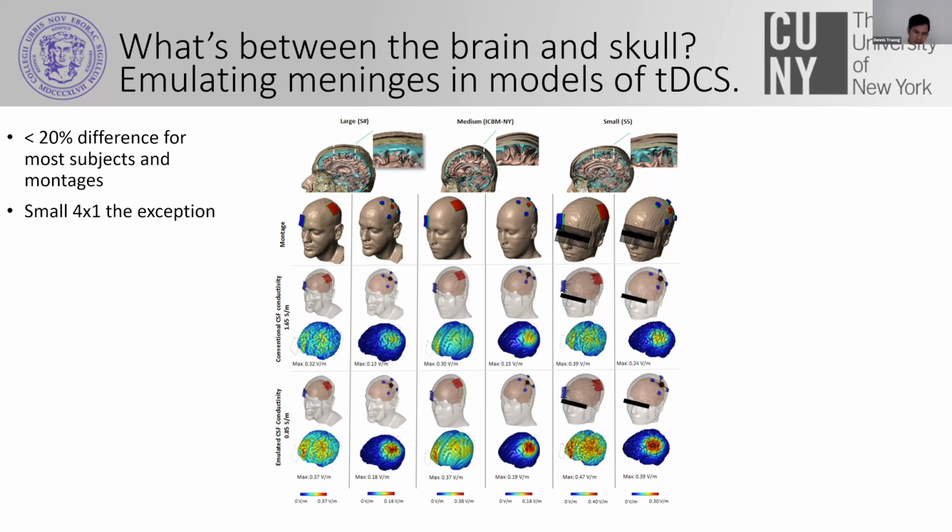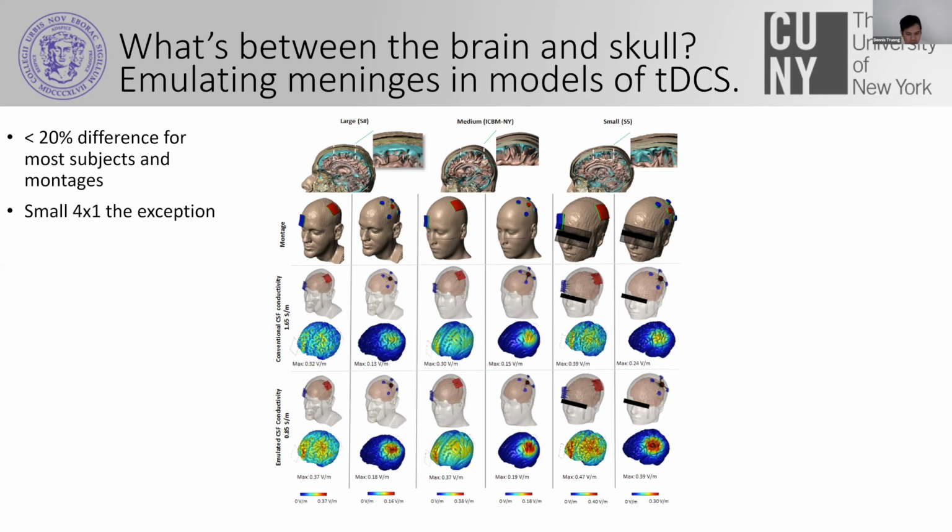We modeled M1SO, which is just a typical motor stimulation montage, as well as this 4x1 approach, and then applied both the conventional CSF conductivity as well as this emulated CSF value. And across the board, we saw this consistent increase in induced electric field on the cortex. That said, this increase was still relatively small.